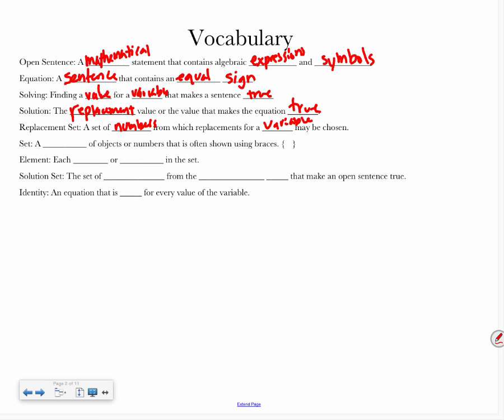When that happens, you can list them as a set. A set is a collection of objects or numbers that is often shown using braces. Those are the squiggly brackets.